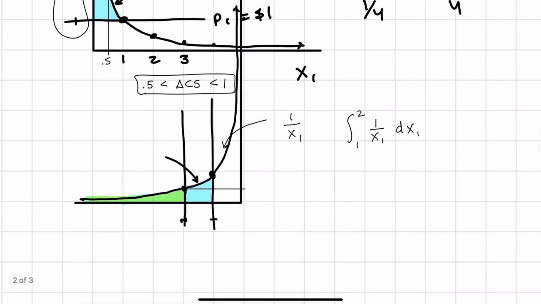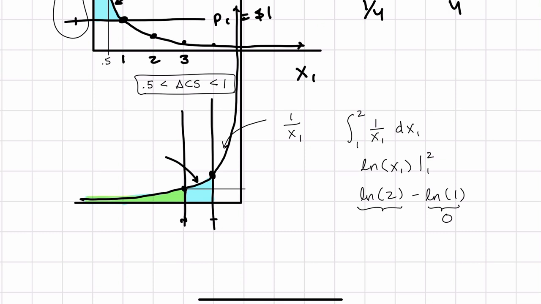That's kind of my hypothesis here. And I know that the integral of 1 over x1 is ln of x1. Evaluate that from 1 to 2. We get ln of 2 minus ln of 1. Natural log of 1 is 0, since e to the 0 is 1. So I'm left just with ln of 2.